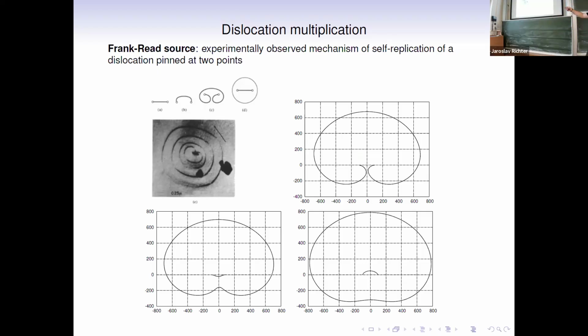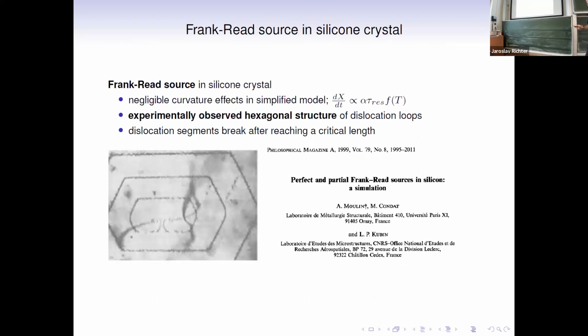So this is, let's say, the qualitative mechanism of how the dislocation works. What we tried quite recently was to mimic such behavior not only in metals but in silicon crystal, because we found an interesting paper, not cited so much and actually quite old, almost 30 years old, in which they reported such a mechanism even in silicon crystals.